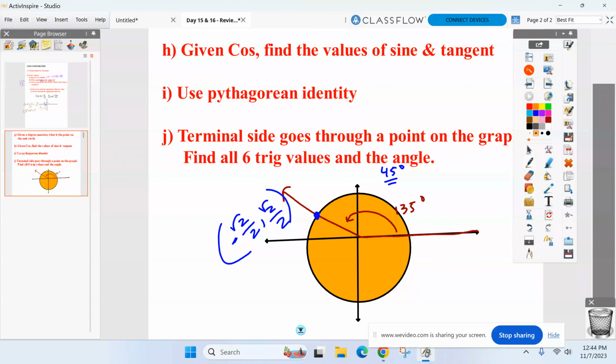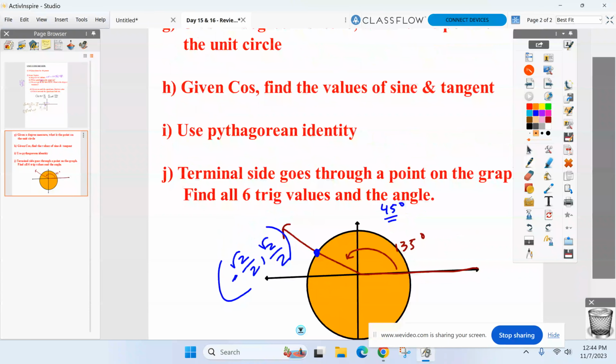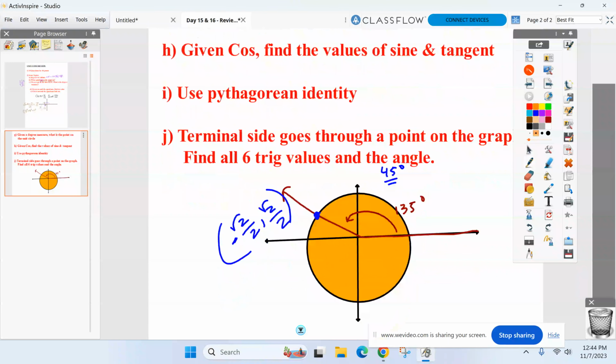Given cosine, find the value. We already did that. Make sure you draw your right triangle in the correct quadrant. Pythagorean identity: using this, plugging in one, finding the other, and also knowing what quadrant you're in.